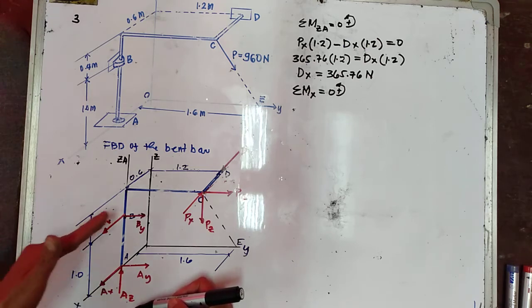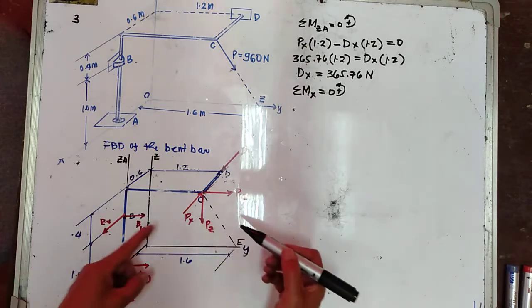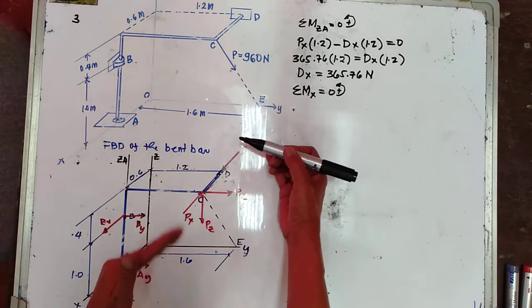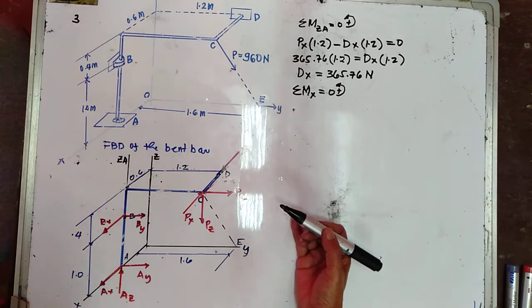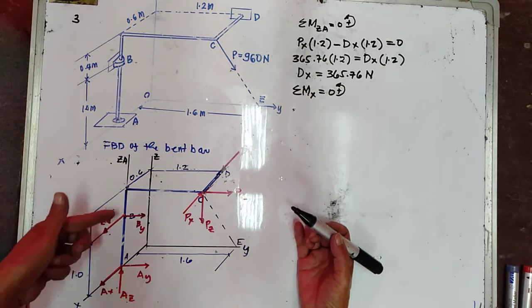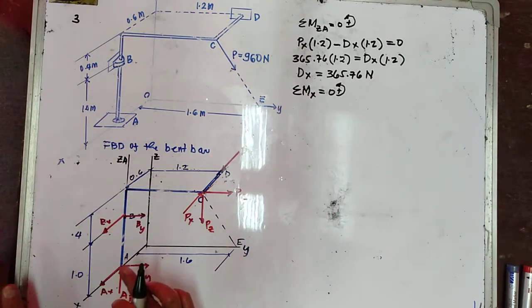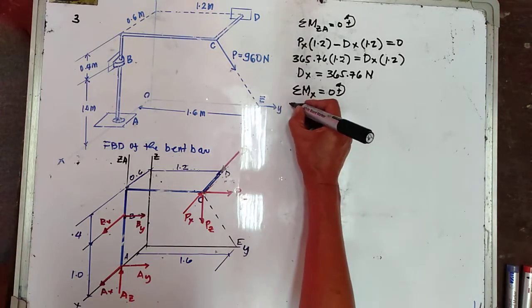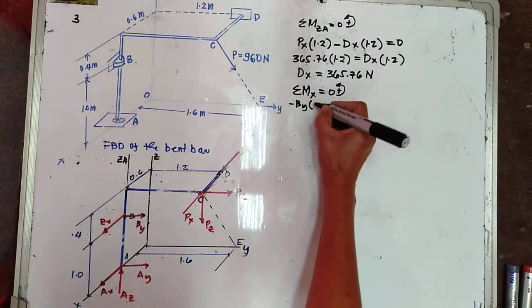Bx has no moment, it is parallel to the x-axis. So px has no moment, and dx is parallel to the x-axis. So the only force that is going to have moment about the x-axis, we have now your by. By is going clockwise about the x-axis. So minus by, the moment arm is equal to 1.